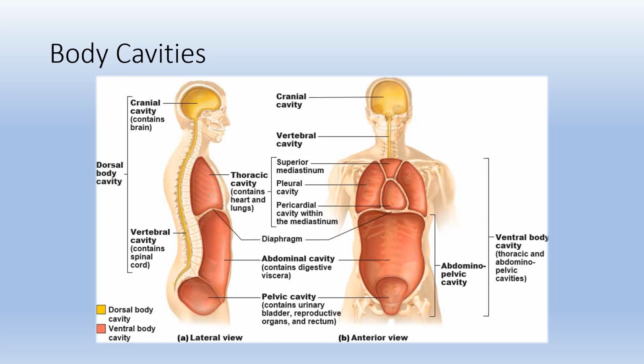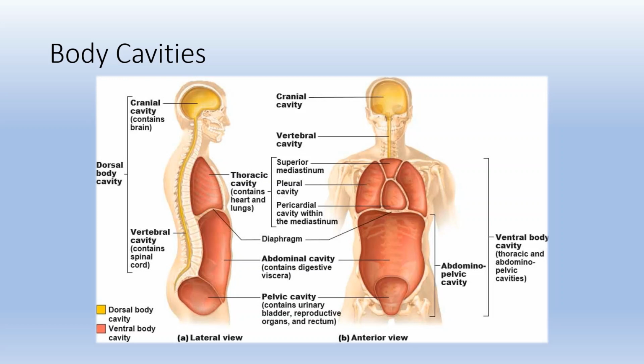Each of those cavities can be further divided. The thoracic cavity can be further divided into a left and right pleural cavity and a mediastinum. The mediastinum should be thought of as a passageway for structures that simply move or pass through the chest cavity to get into the abdomen, such as the esophagus.